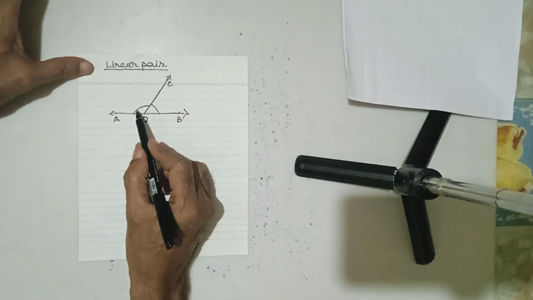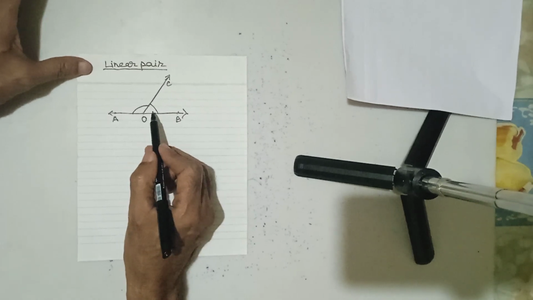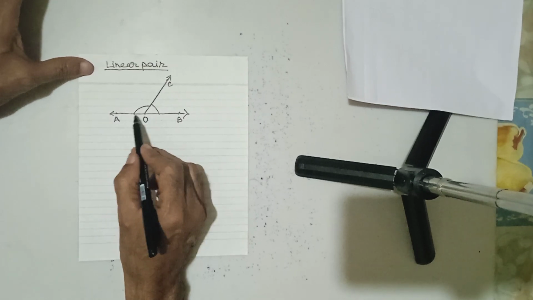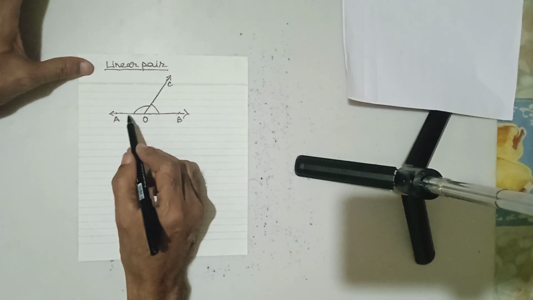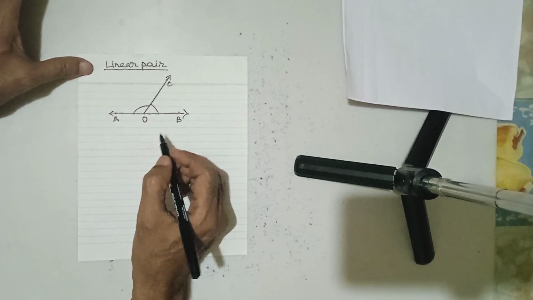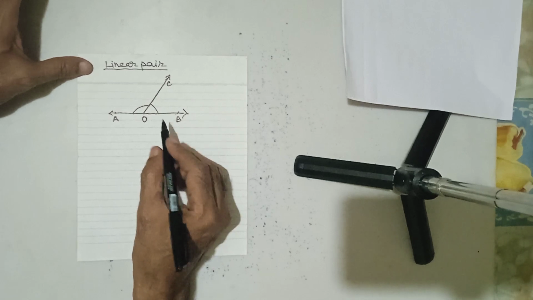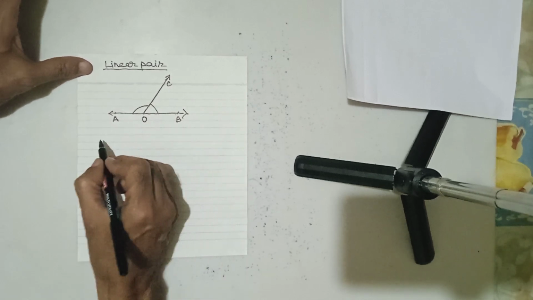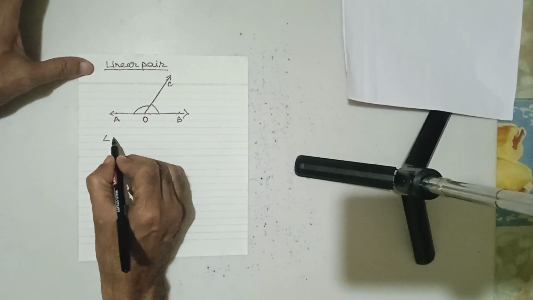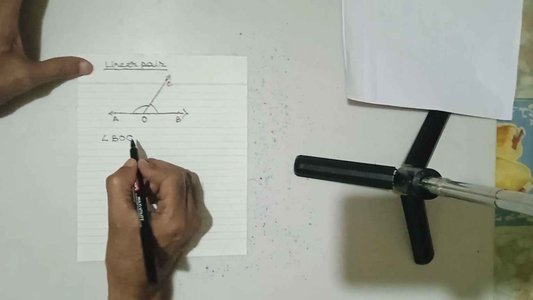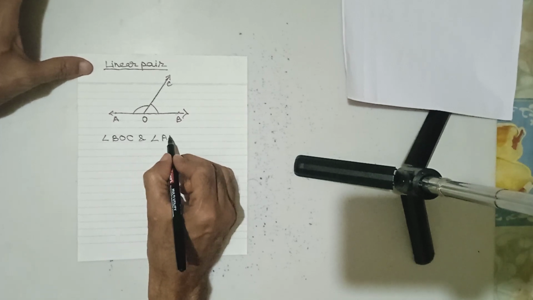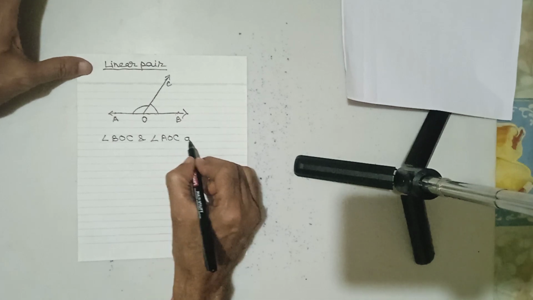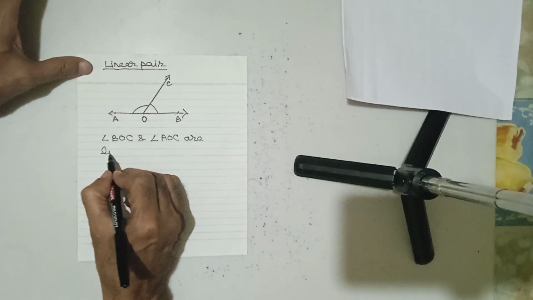If two angles are adjacent to each other and they are on a straight line and their sum is equal to 180 degrees, then we can say that it is a linear pair. So angle BOC and angle AOC are a linear pair.